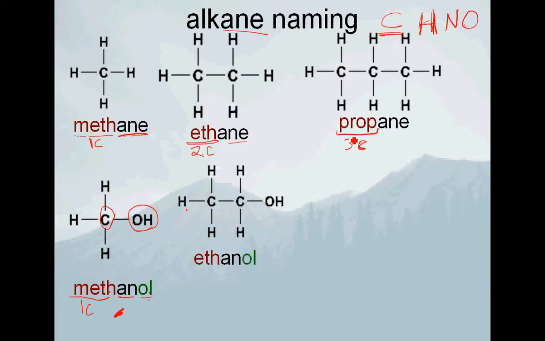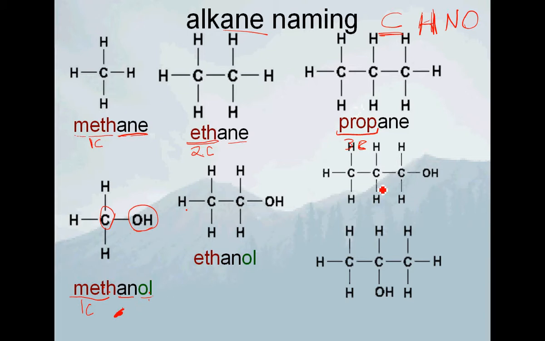And then of course over here, by extension, we can have 2 different places we can put this alcohol. Notice over here there's only 1 place to put the alcohol because if we put the OH on the other carbon, it's still the same thing. But in this case, I have 2 different places I could put the OH group. I could put the OH group here on the end of the chain of 3 carbon atoms, or I could put it here in the middle. These are 2 completely different molecules.